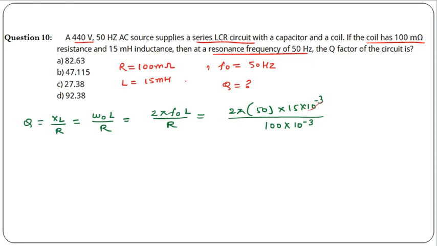So this 10 to the power minus 3 and this will get cancelled out. So we are getting quality factor as 4712.38 divided by 100. So it will be equal to 47.12. So option B is correct.